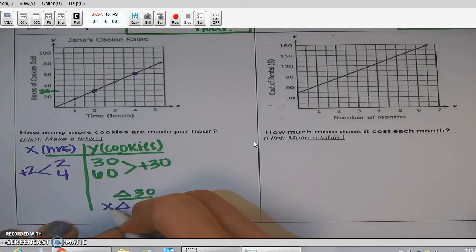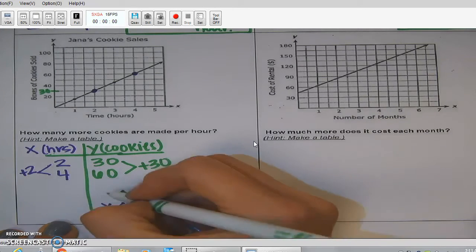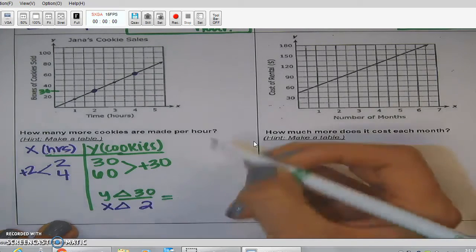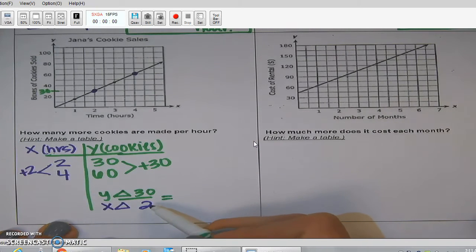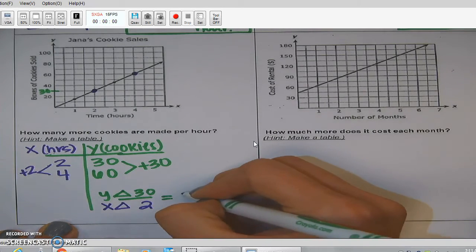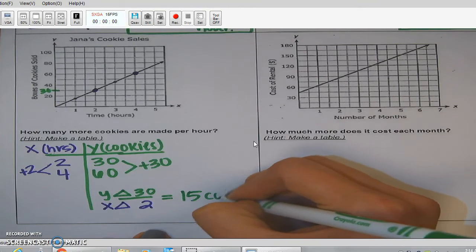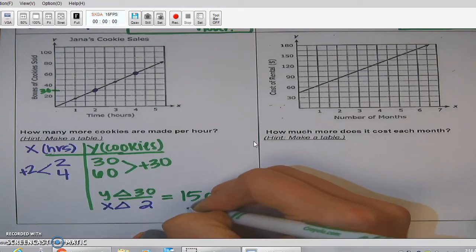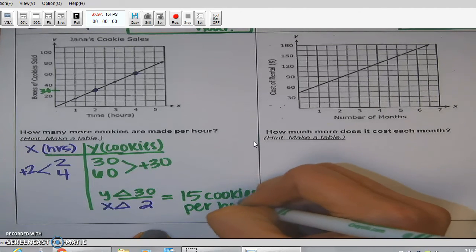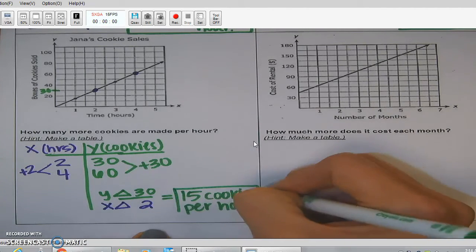That's my change in x. This is my change in y. If I simplify 30 over 2, 30 divided by 2 gives me 15. So I know they sold 15 cookies per hour. And that's the rate of change.